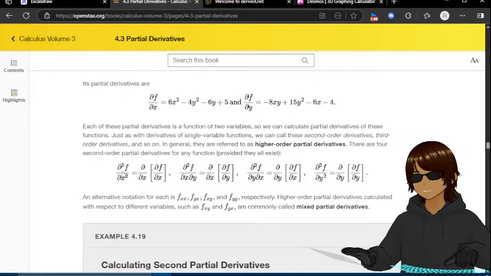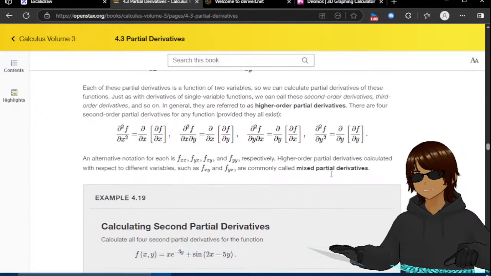Higher order with respect to x, and then x again, x then y, then x, and then y twice. An alternative notation is fxx, fyx. Higher order partial derivatives calculated with respect to different variables are commonly called mixed partial derivatives.